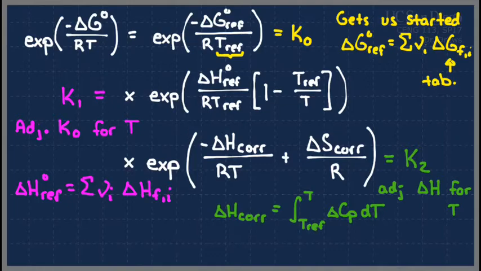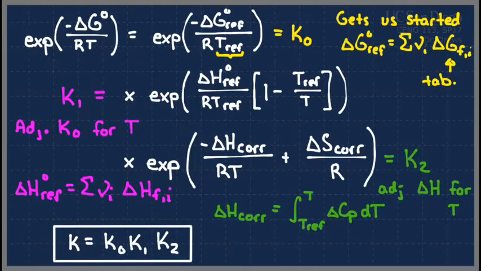So the end result that we have is this expression, which is that the equilibrium constant K has to be equal to K0 times K1 times K2. There's a name for that, which is the Van't Hoff equation. So if you ever hear me say, use the full Van't Hoff equation or use the Van't Hoff equation, I'm talking about you need to calculate K0, K1, and K2.